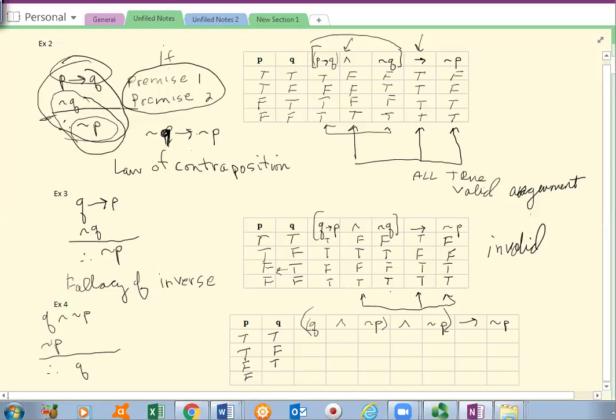Okay, so we'll copy down these true, false, true, and false. Okay, I lost the false there. Not P, well, that would be false, false, true, true. And joining these together would make only a true here, and the others would have to be false.